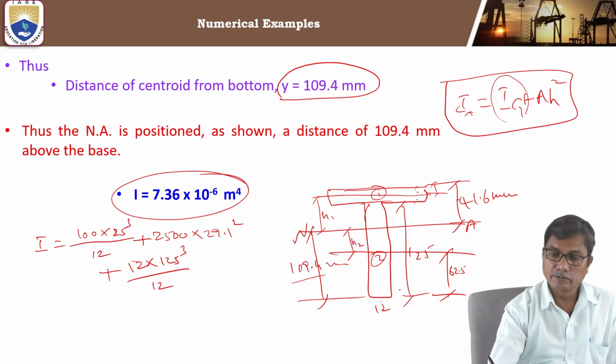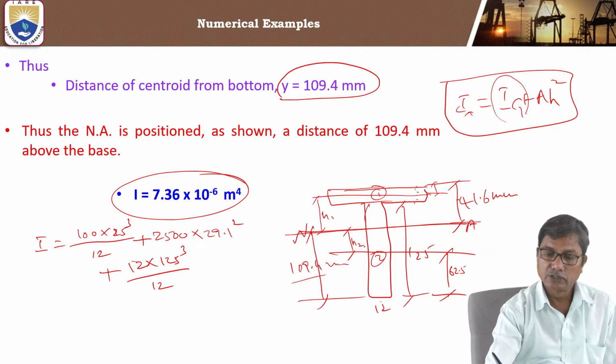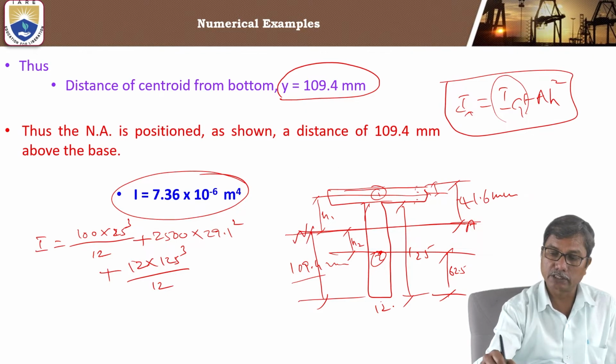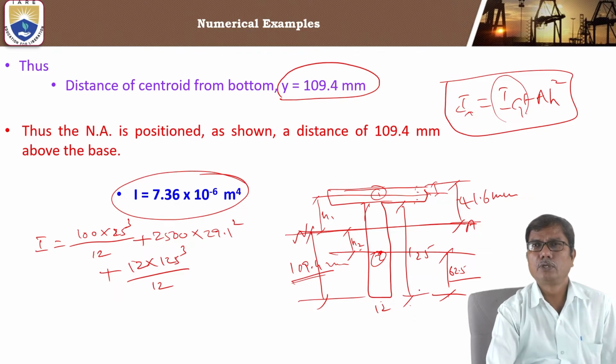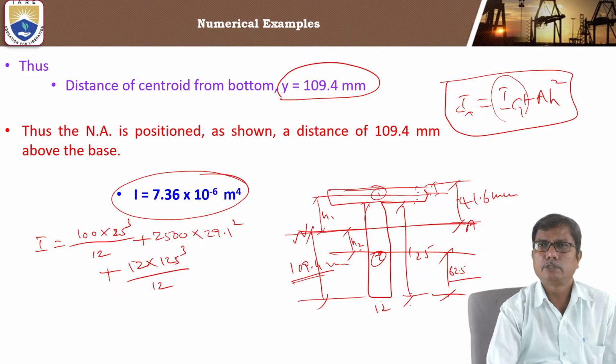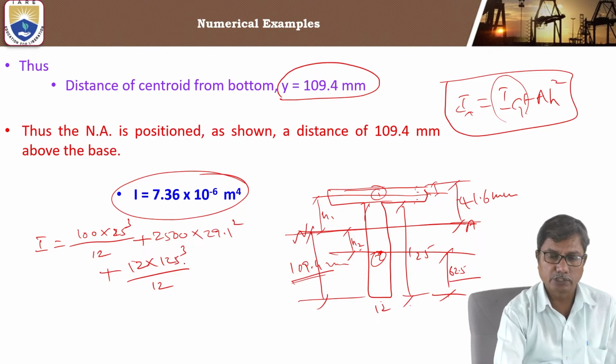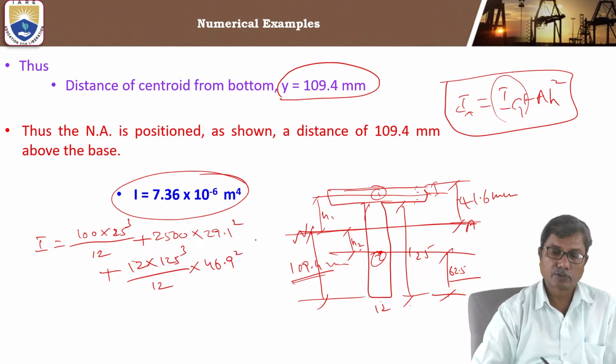We want the moment of inertia about the neutral axis of the T section. So the distance between the centroidal axis of the web and the centroidal axis of the T section as a whole, H2, is 109.4 minus 62.5. So how much is it? 46.9. 46.9 square.